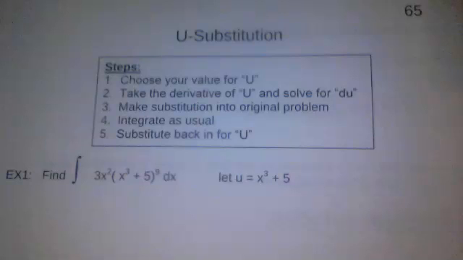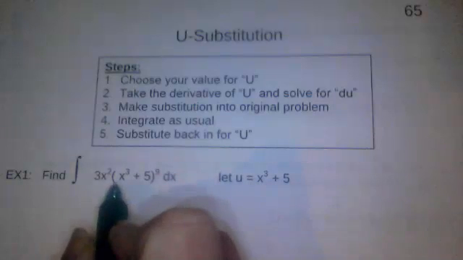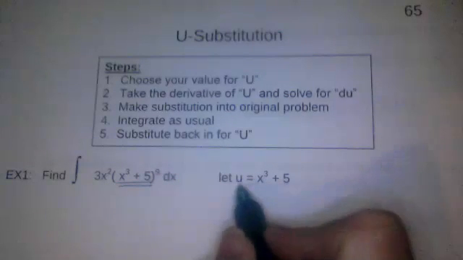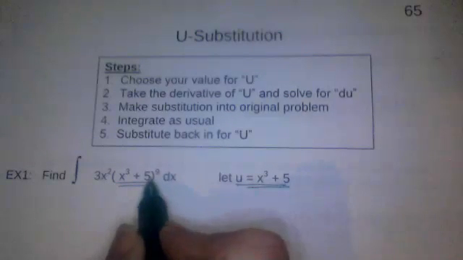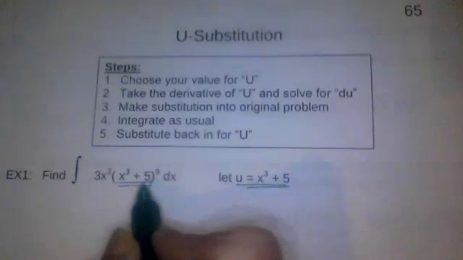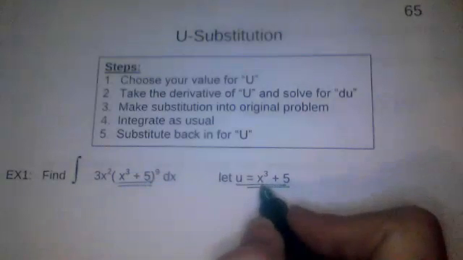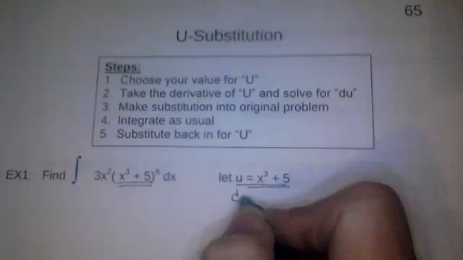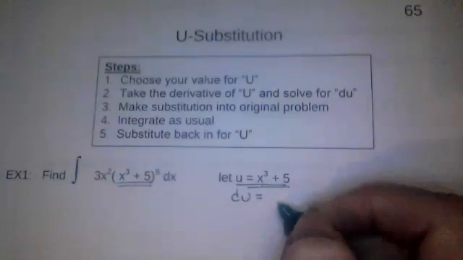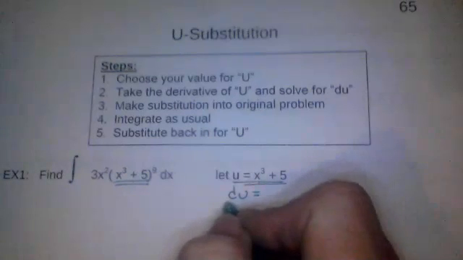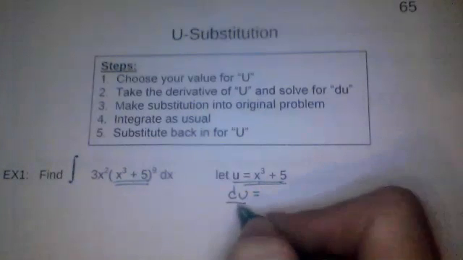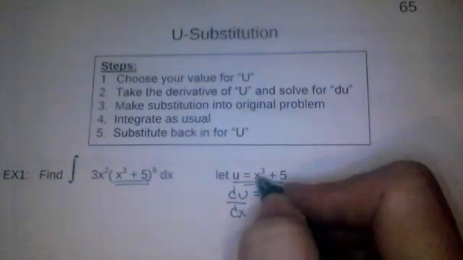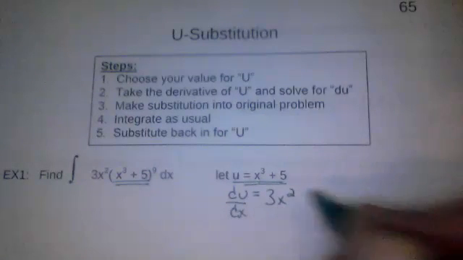So here's how this works. In this first equation, they have chosen u to be the inside function, x to the third plus 5. So if I were to take the derivative of u with respect to x, I would get 3x squared.